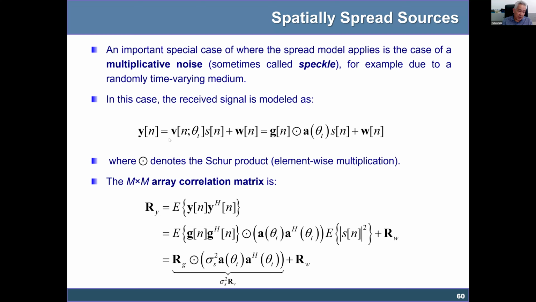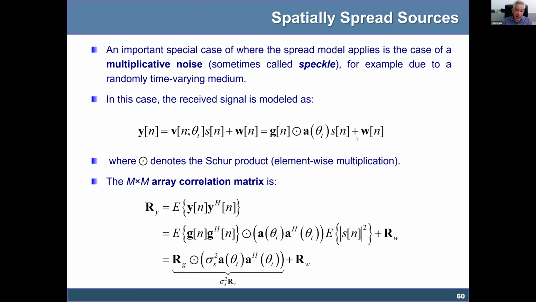representing the random steering vector V as the Schur product. Schur product is the element-wise multiplication. So the first element by the first element, the second element by the second element. So basically, we modify the ideal model by multiplying by this random vector G. And in other words, we introduce in the model multiplicative noise.